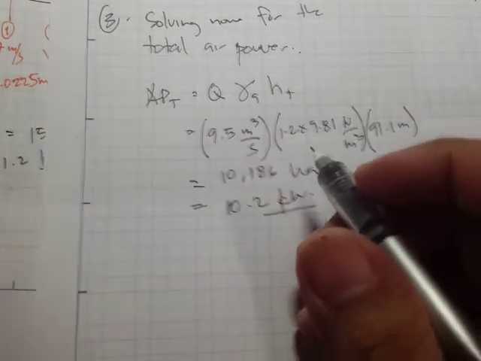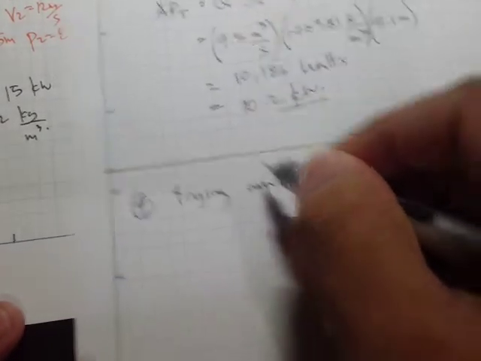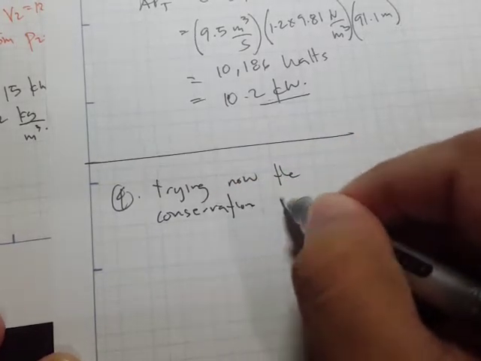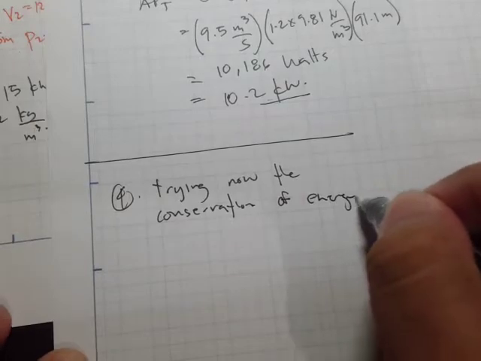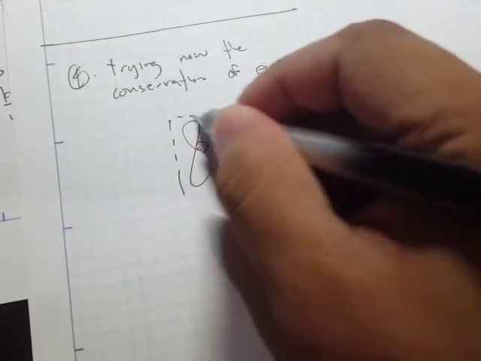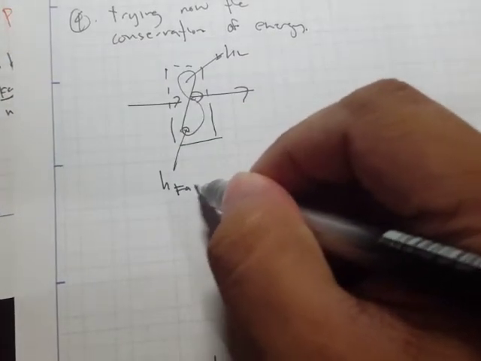Right, so that's it. So now let's try the conservation of energy. It's actually the same thing, because recall, if here's our fan, and here's our system boundary, we have this inflow, we also have this outflow, and we have these losses, and we also have this input H blower or fan.